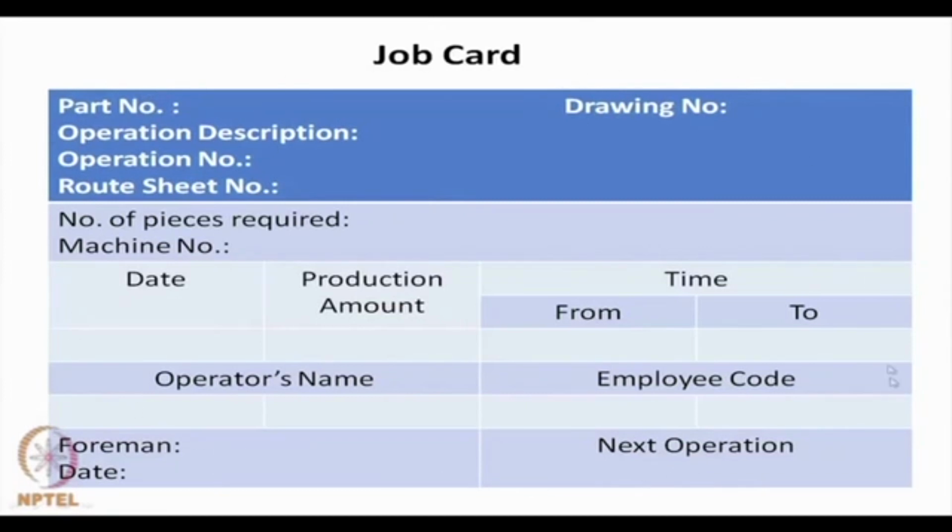This is given to an operator and the operator knows what he has to do. This is a sample job card giving details of the name of the operator, name of the operation, machine required, the schedule and the next operation.